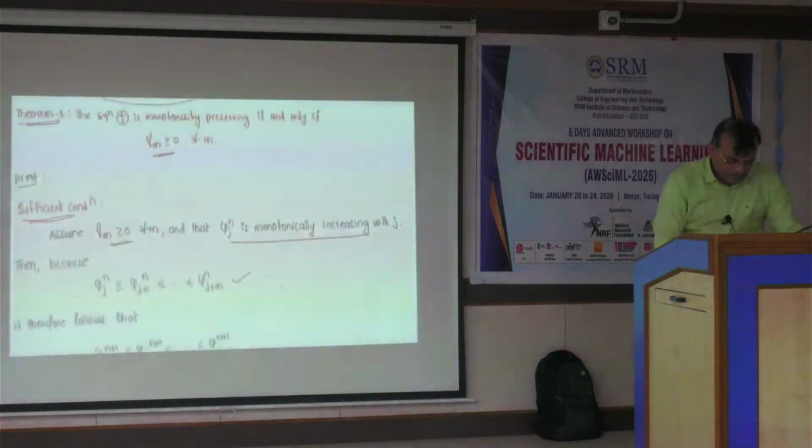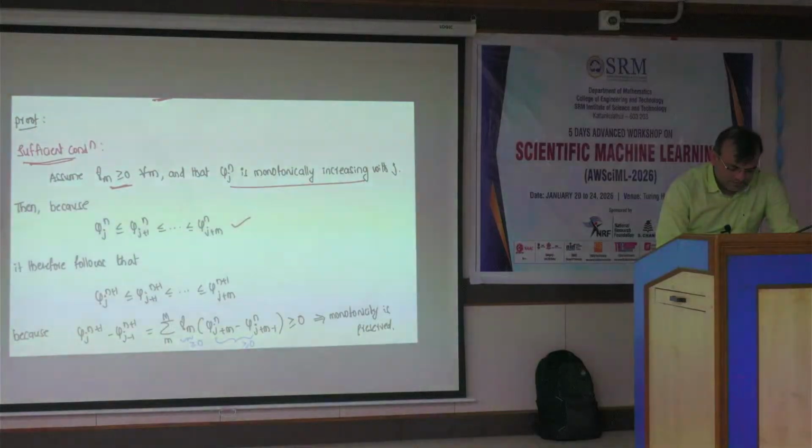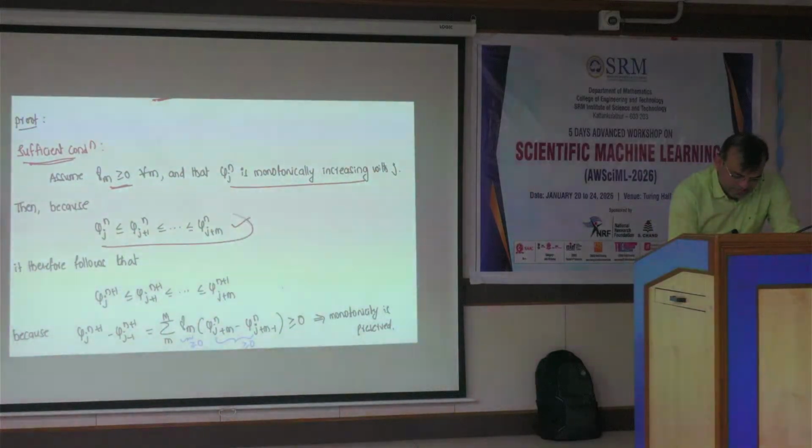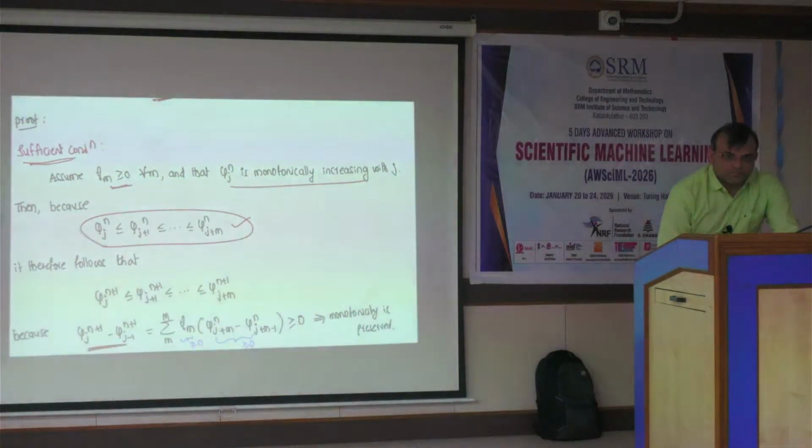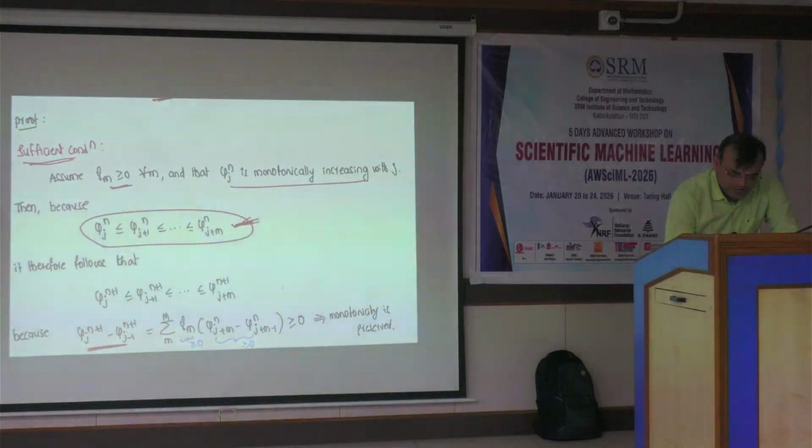Now if this keeps on increasing, you can talk about the difference between any two: psi j n plus 1 minus psi j minus 1 n plus 1 you can write in terms of these values. So this is gamma m into psi j plus 1 plus m minus psi j plus m minus 1. Of course, the difference between these two terms is always greater than or equal to 0.